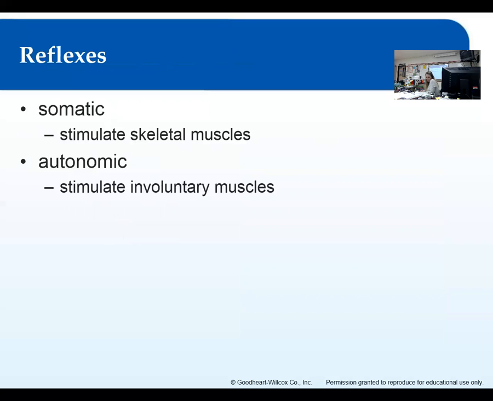This is kind of crazy to think about. You think about the speed of your reflexes.